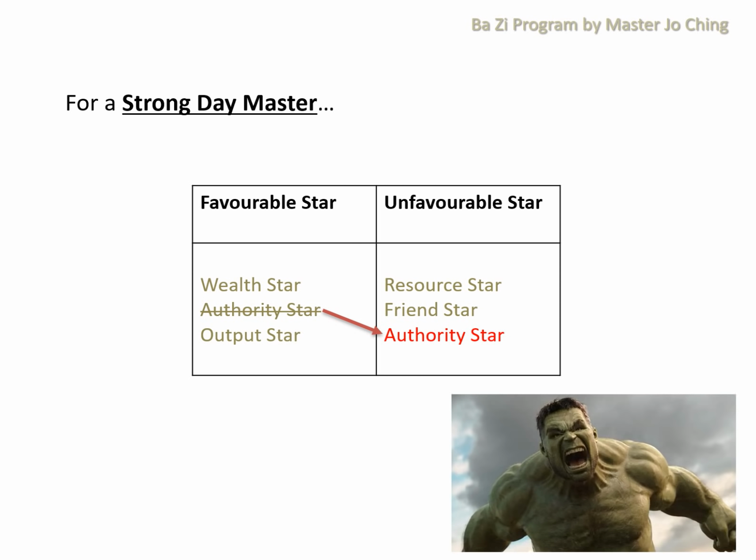Yes, most of the time it can be correct, but please remember, authority star is a double-headed snake, and under certain circumstances, it can actually fall under unfavorable star. Please remember this exception.